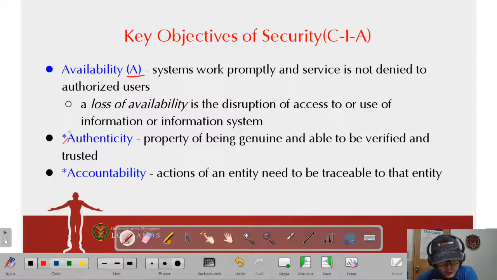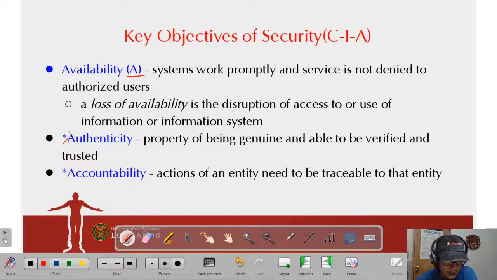You no longer need to just supply the username and the password, but you need to have a second way of providing your identity, so that the system will know that indeed you are the owner of that account.